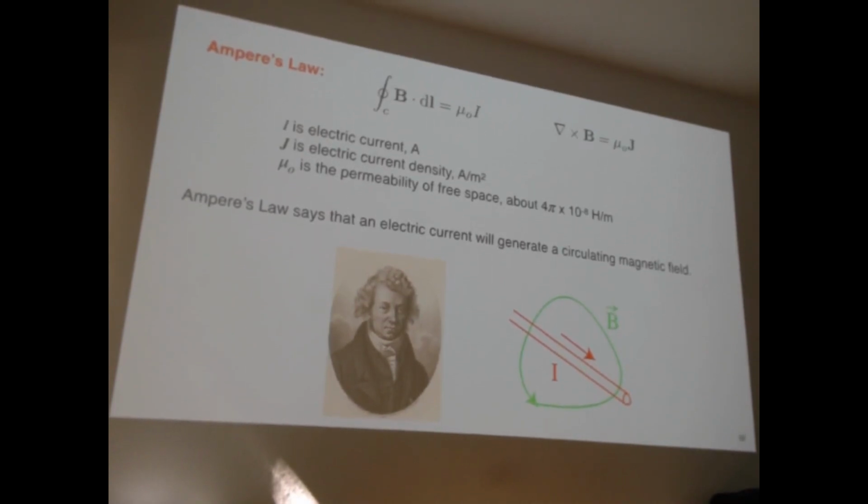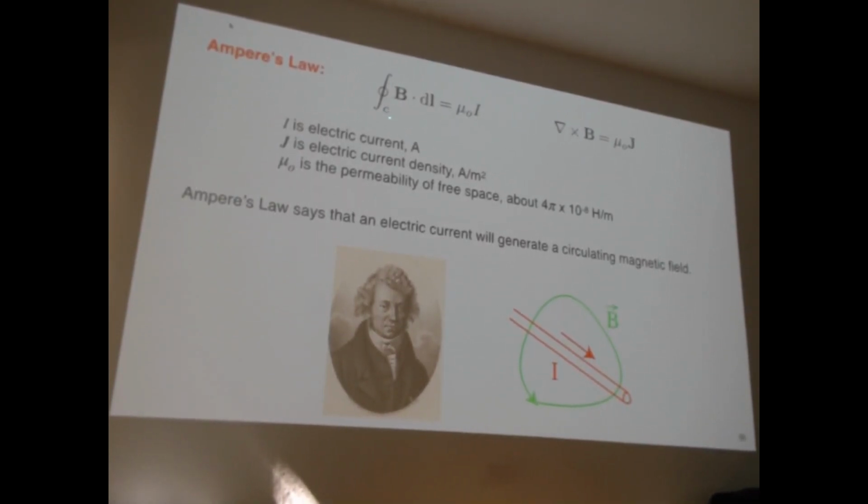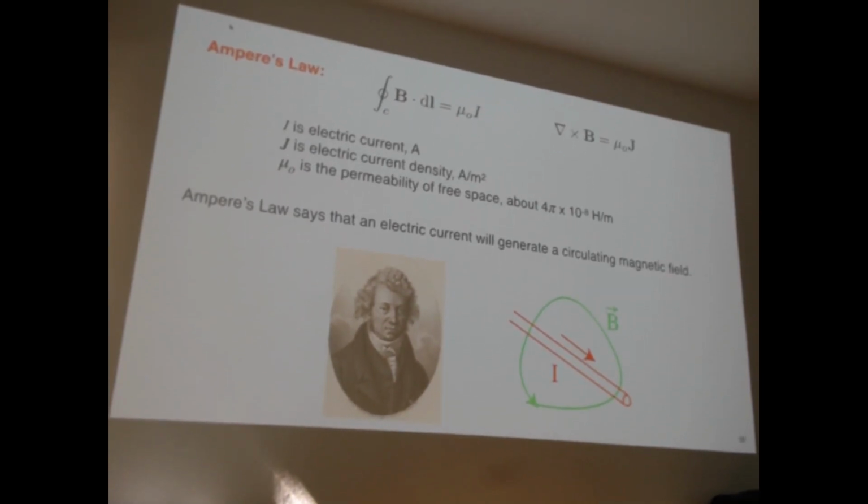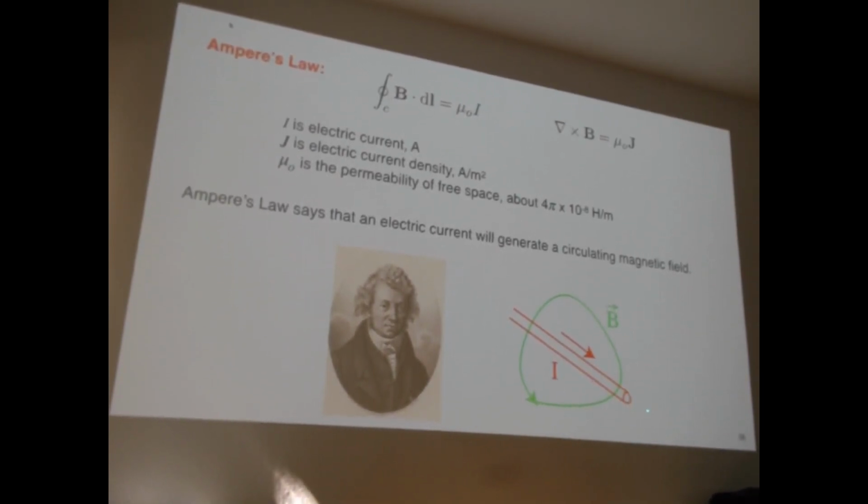Ampere's law says that if I integrate a magnetic field around a circle, it's the current passing through it. So if I've got a wire with a current, and I draw a closed loop around the wire and integrate the magnetic field, I can work out what the current is.